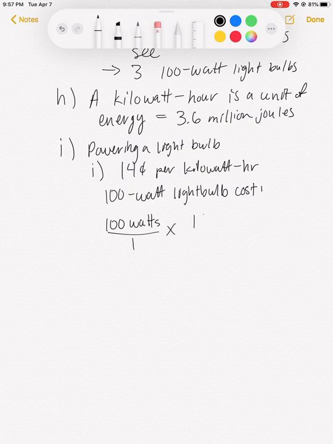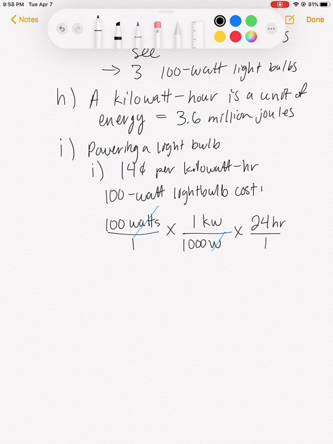We multiply by 1 kilowatt over 1,000 watts, because we want kilowatt hours, and then multiply by the hours it's turned on. The watts cancel, and the time it's on is 24 hours.